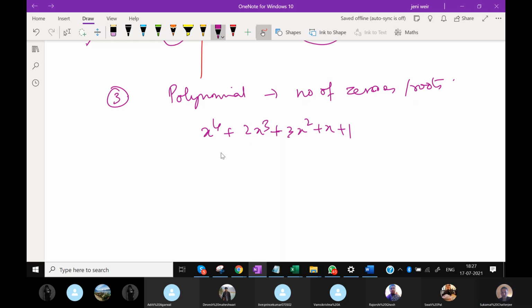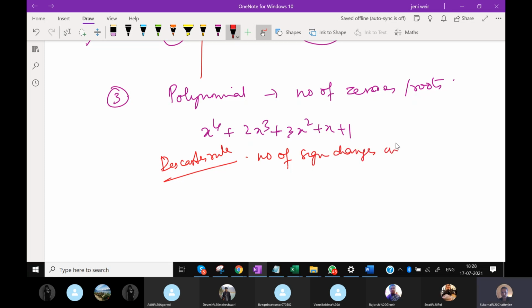There you have to simply apply Descartes' rule. What is Descartes' rule? You look for the number of sign changes in f(x). Here there is no change of sign, all are positive. So this is 0.